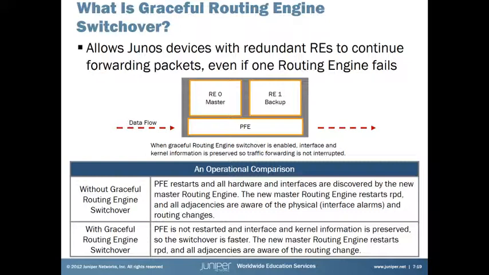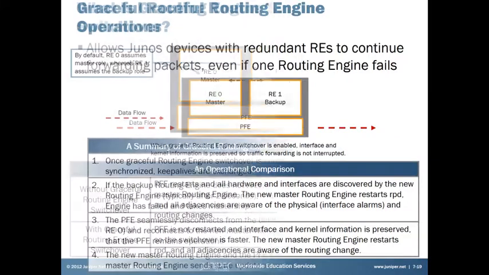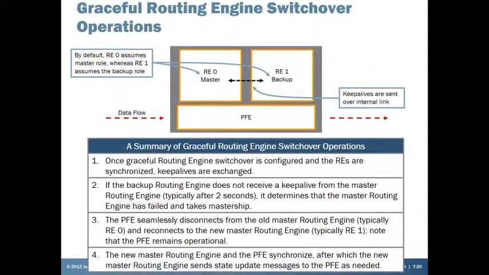So essentially you have two routing engines, you put graceful routing engine switchover in place, and if one of them fails, the other one goes live and all is good. Summary of the operations. Once graceful routing engine switchover is configured and the REs are synchronized, keepalives are exchanged. If the backup routing engine does not receive a keepalive from the master routing engine, typically after 2 seconds, it determines the master routing engine has failed and takes over the mastership.